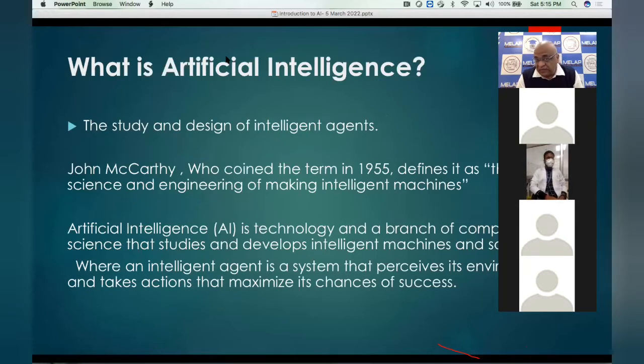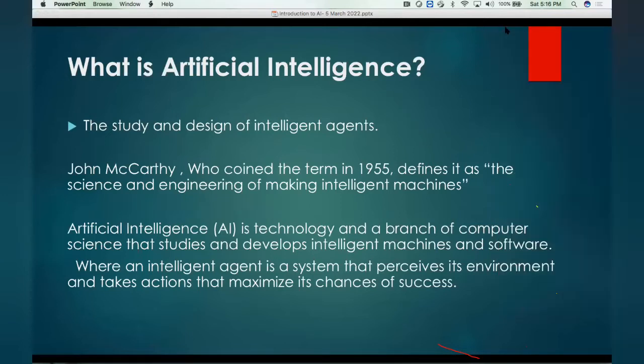So for this, we have to design some machines, or you can say some agents, which are thinking on behalf of us. This term was coined by John McCarthy in 1955, when he said, artificial intelligence is the science and engineering of making intelligent machines.